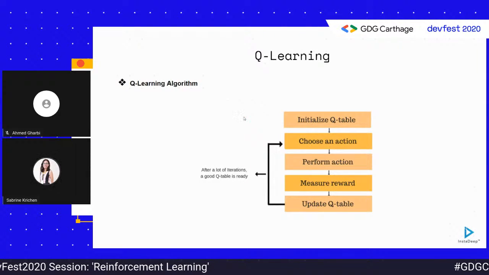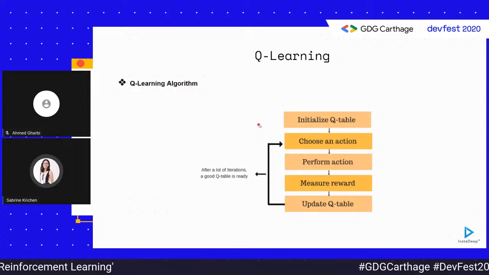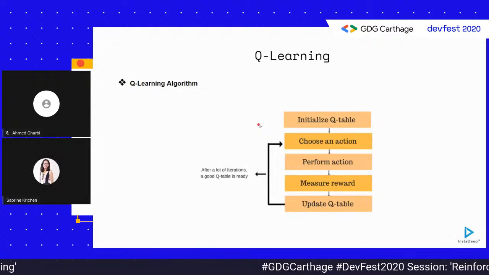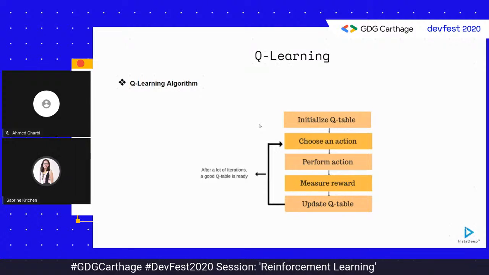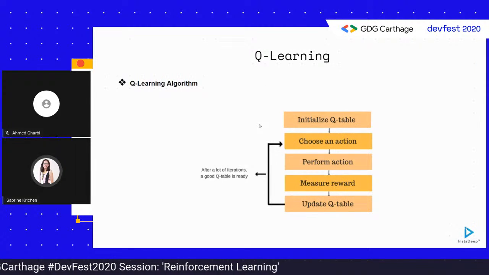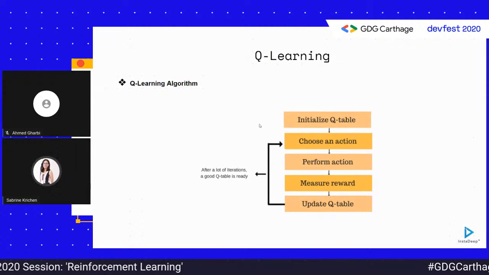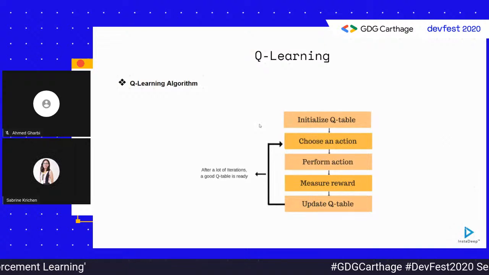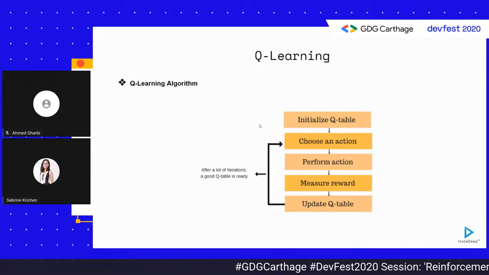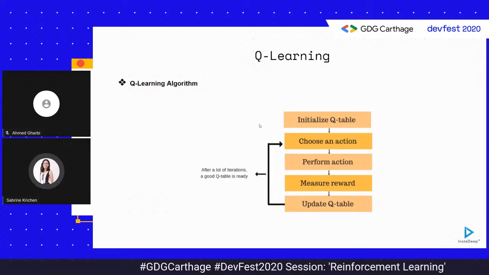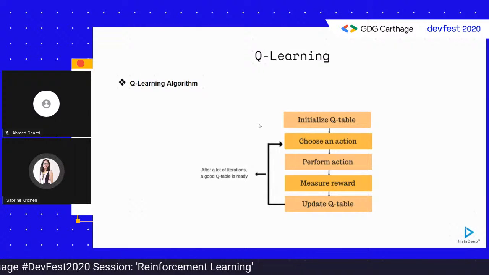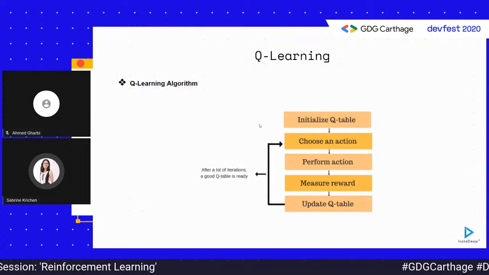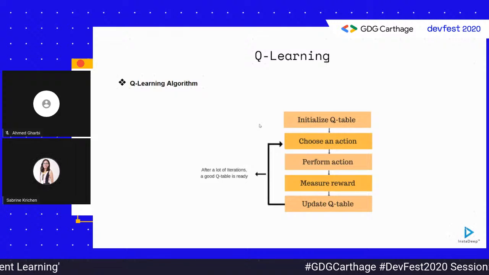It will finish those iterations when it loses the game, for example, in the main example, if it steps on a mine, or when it reaches the ending point. And of course, after a lot of iterations, we will have a good Q-table.